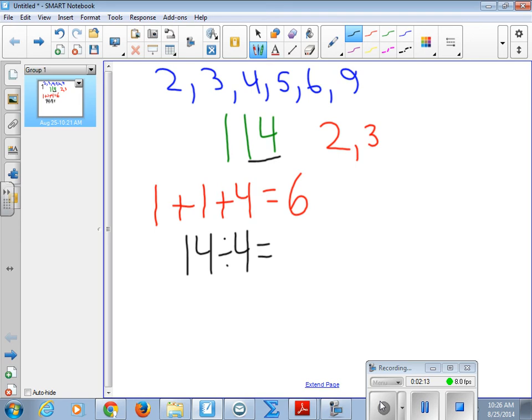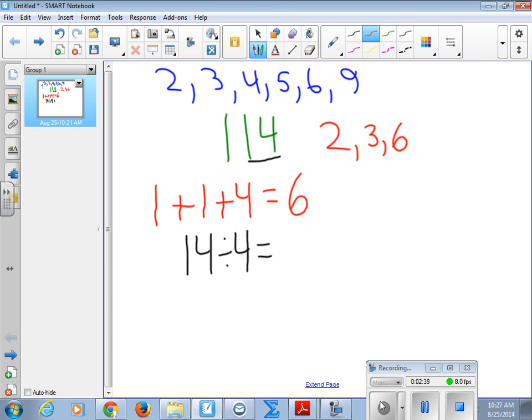The 6 test is easy. If a number can divide by 2 and 3, it can also be divided by 6. So, divides by 2 and 3, also divides by 6. Remember guys, 2 times 3 equals 6. That's an easy way to remember this rule. Finally, the 9 rule is the same as the 3 rule, except now it has to divide by 9.